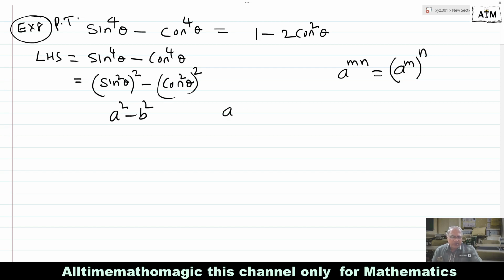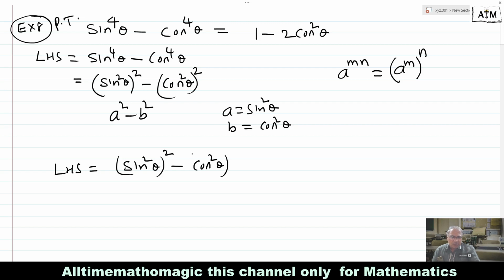And what is a? A is nothing but sin square theta and b is nothing but cos square theta. Therefore LHS equals sin square theta whole square minus cos square theta whole square.